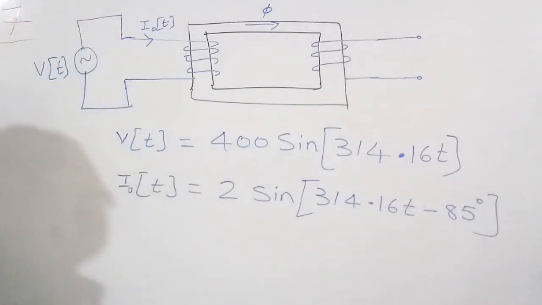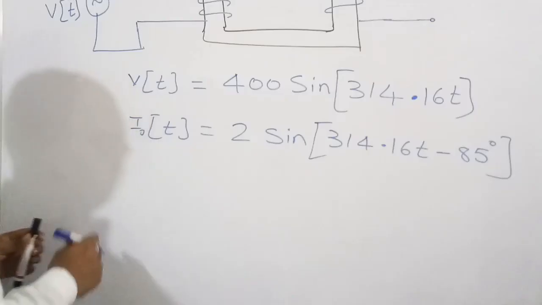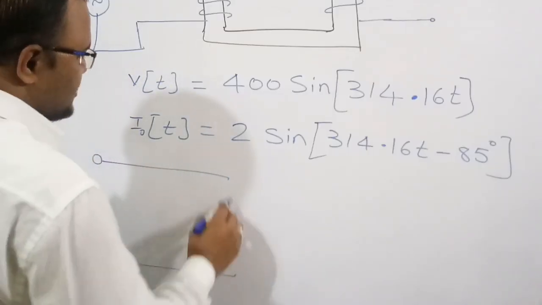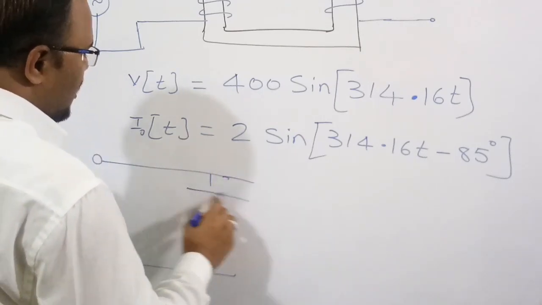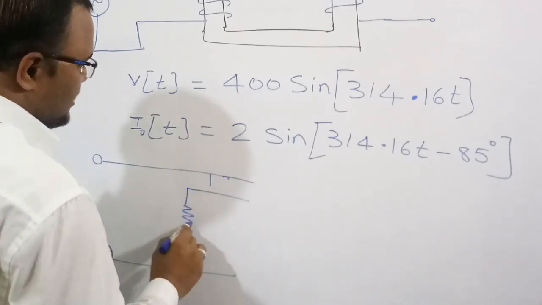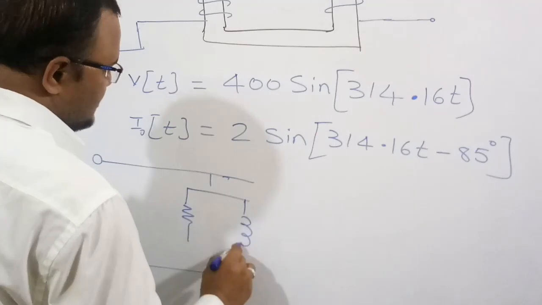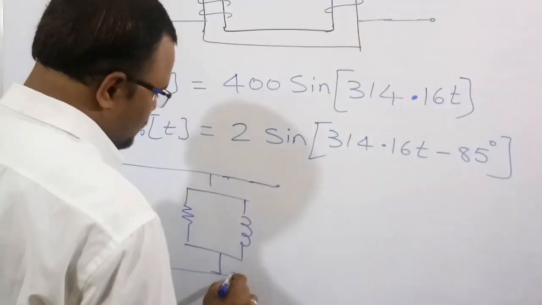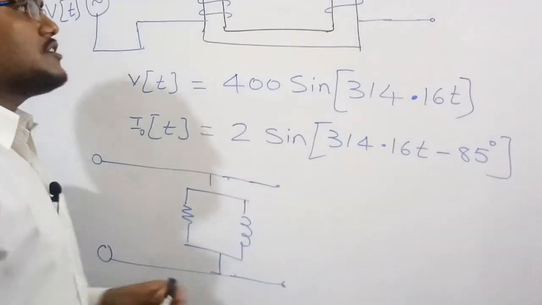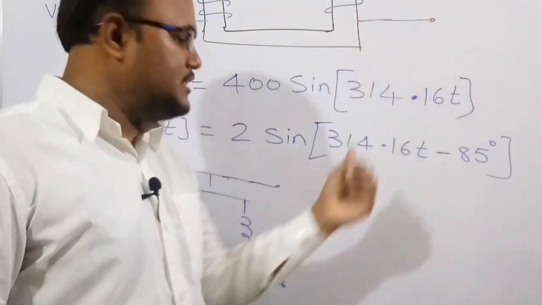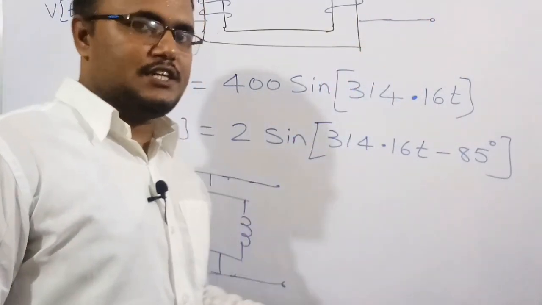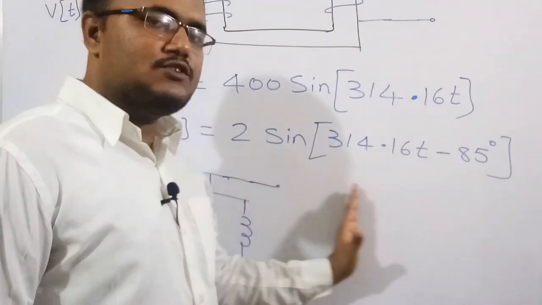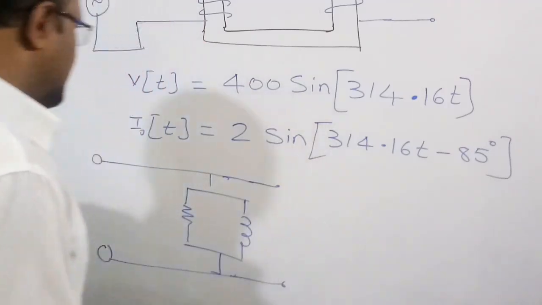So the equivalent circuit of the transformer at no load condition will be like this. If there is a short circuit or if you connect a load, then we need to keep another branch here, but since there is a no load condition, we don't have to consider this right side part.